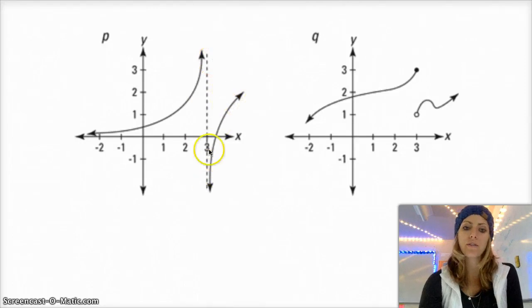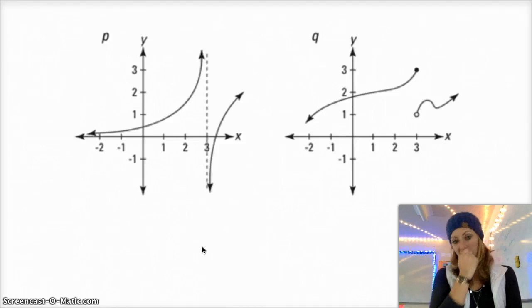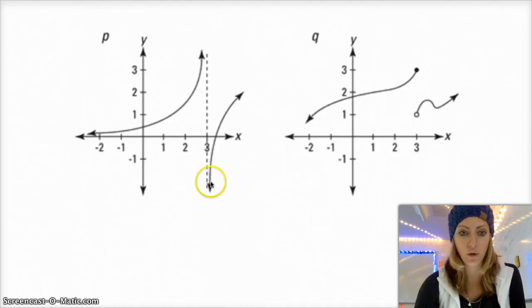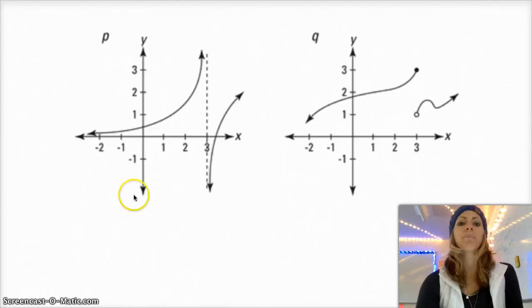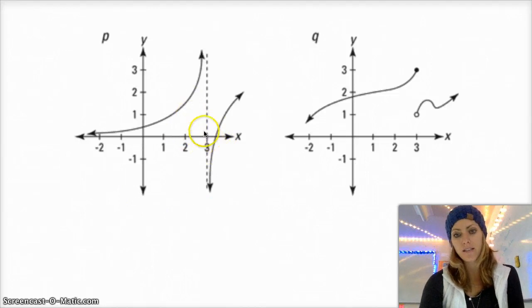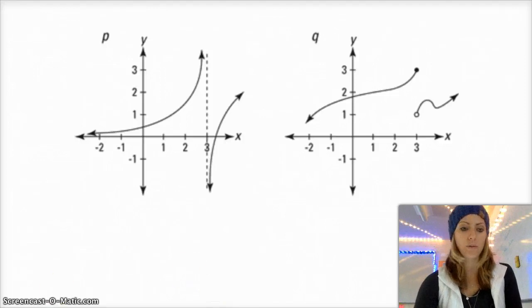On the right-hand side, the slope is also approaching positive infinity because the slope is increasing. But you can't have a slope of infinity. So the function is not differentiable at x equals 3. It is also not continuous at x equals 3.